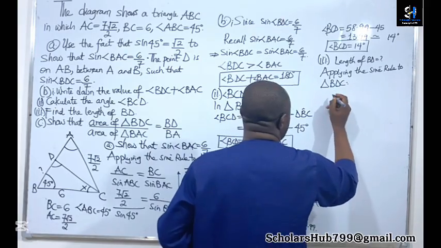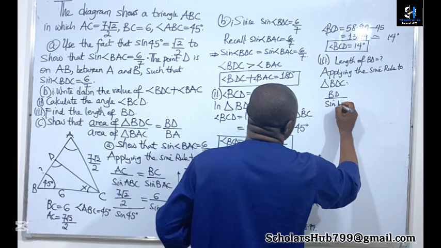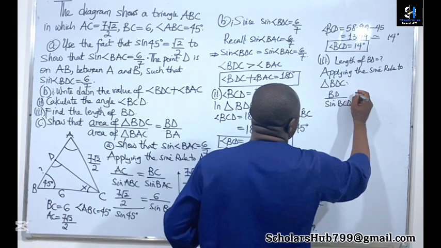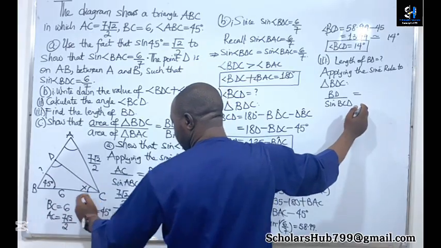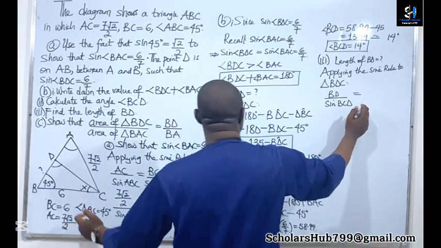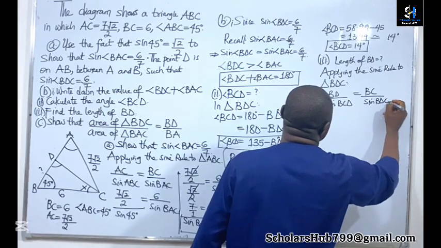We can write BD over sine of angle BCD, this angle, equals BC over sine of angle BDC.